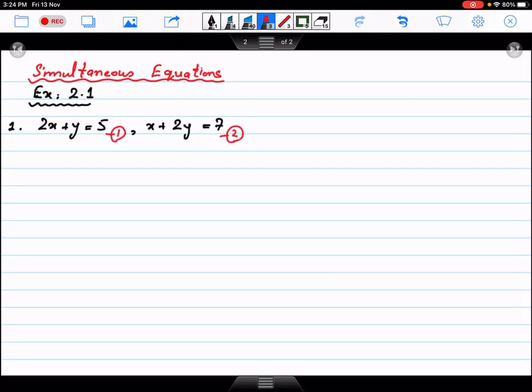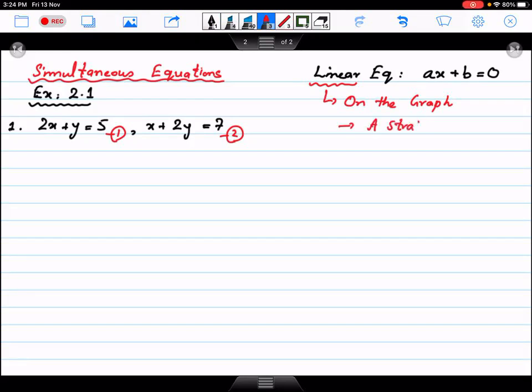So first of all, listen, what are linear equations? Basically, linear equations are in the form of ax plus b is equals to 0. What does this linear mean? Basically, on the graph, it will represent a straight line.